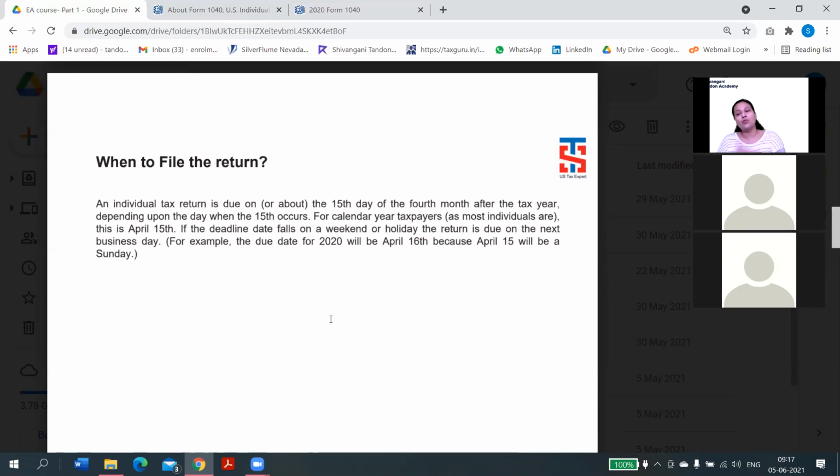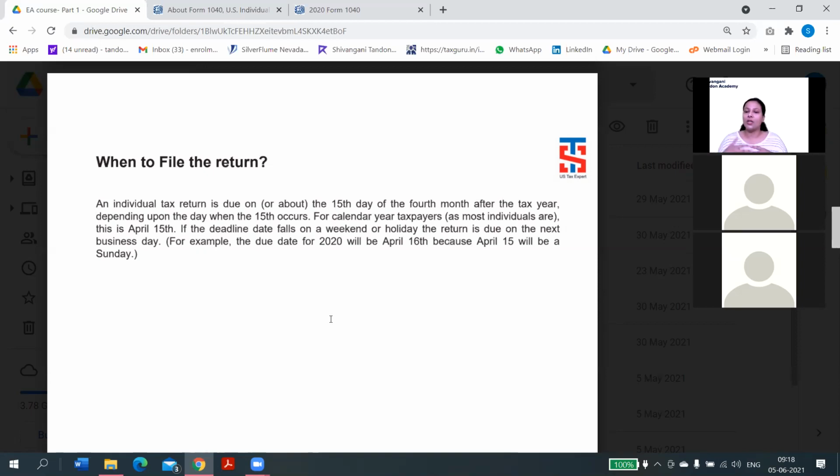Suppose somebody is not filing on the calendar year, they're filing on the fiscal year or financial year, receiving their income based on a fiscal year like April to March. What is their return filing date? 31st March is the last day of the tax year for those people. So their return filing date is the 15th of the 4th month.